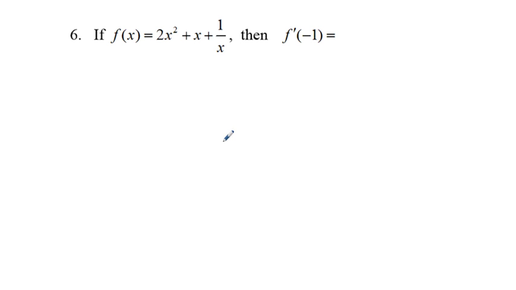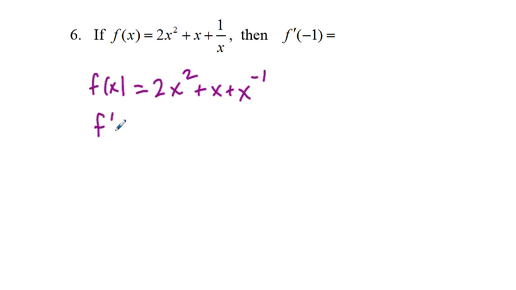Problem number 6. If f of x equals 2x squared plus x plus 1 over x, then f prime of negative 1 equals. Well, we can rewrite f of x in what I call calculus-friendly form as 2x squared plus x plus x to what power? Well, x to the negative 1 power.